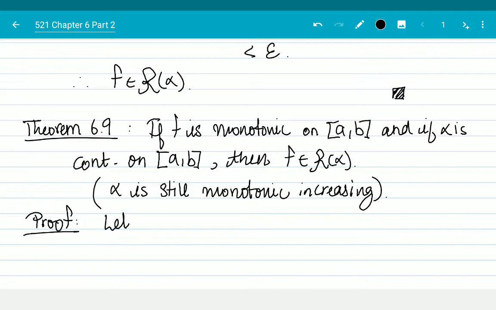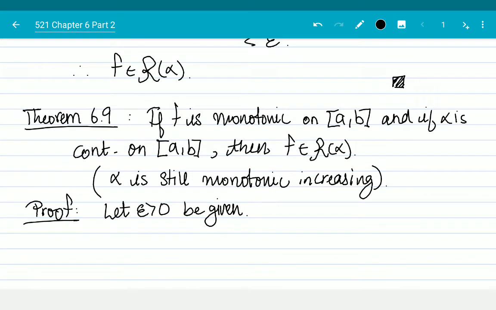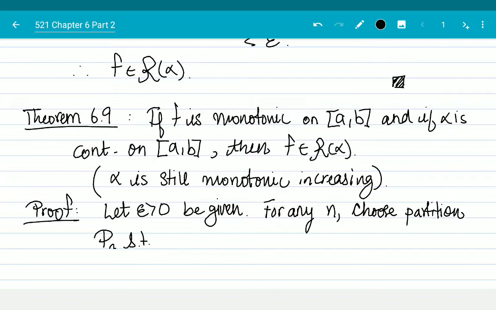Again, let epsilon greater than 0 be given. Now, for any n, choose the partition Pn such that delta alpha i is equal to (alpha of b minus alpha of a) over n.